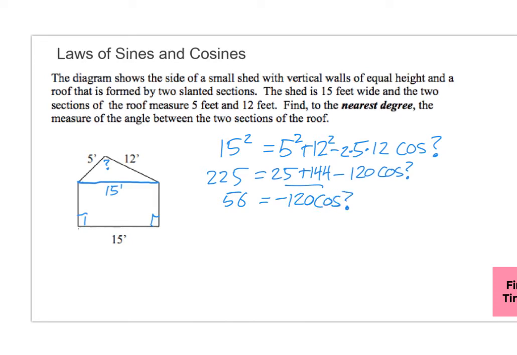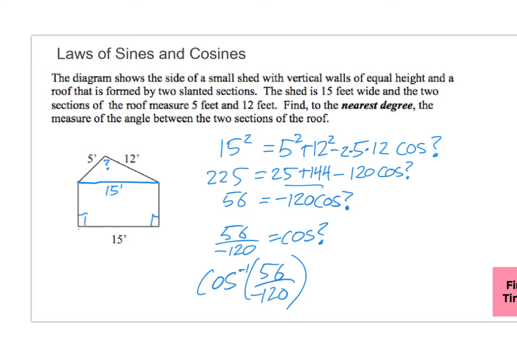Dividing that by 120, we get 56 over negative 120 is equal to cosine of question mark. The inverse cosine of that is going to give us our angle. If you were doing this on a quiz, you could leave it like this, or get the answer in terms of that angle, which is 117.818.